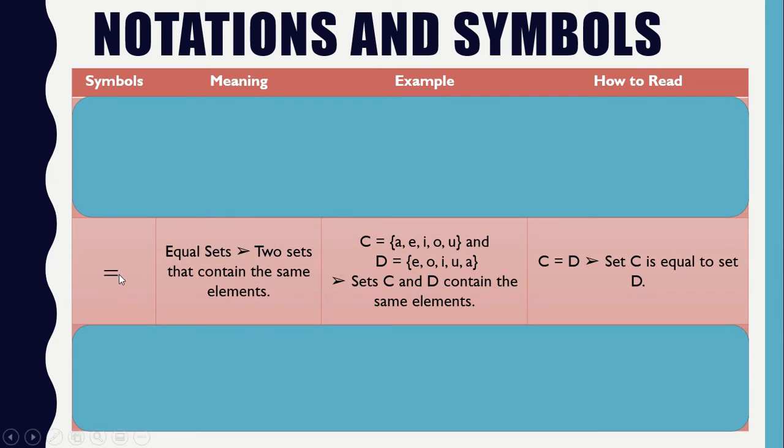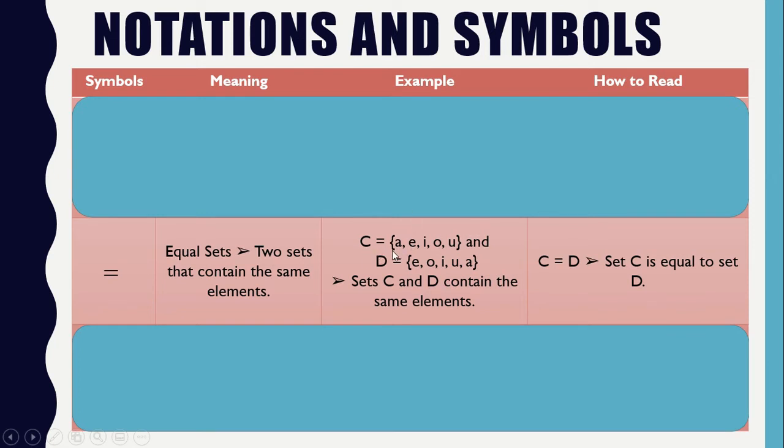Next symbol: the symbol for equal set. It looks like an equal sign. Actually, it is an equal sign, but in set, its meaning is equal set. Equal sets are two sets that contain the same elements. This is different from equivalent sets, which contain the same number of elements. For equal sets, the contents of the two sets must be exactly the same. Here is an example.